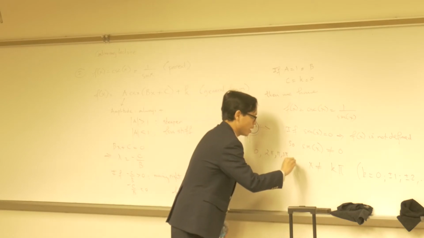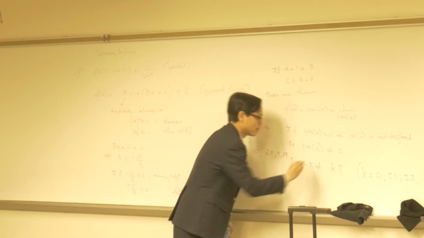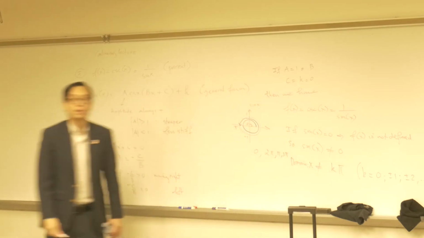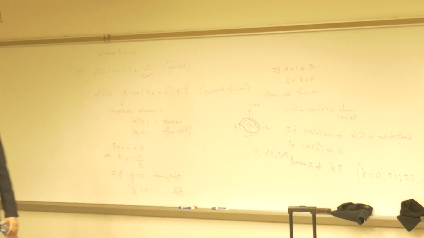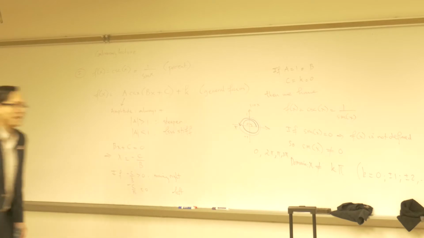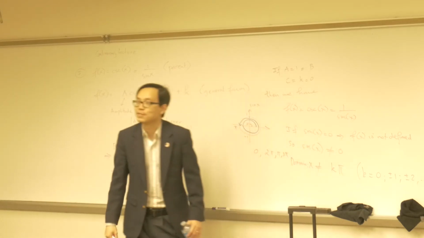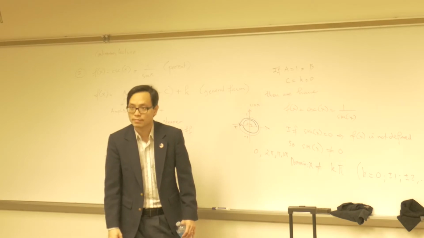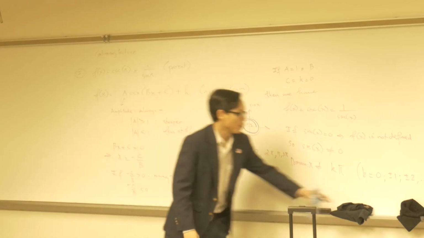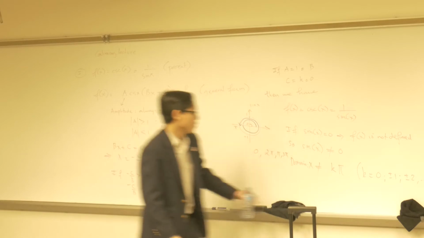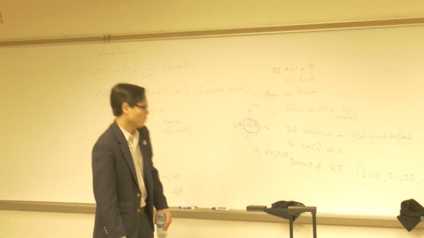This is for the domain. x must be different from k pi, because if x equals k pi, sine of x turns out to be 0, and you're not allowed to have 0 in the denominator.